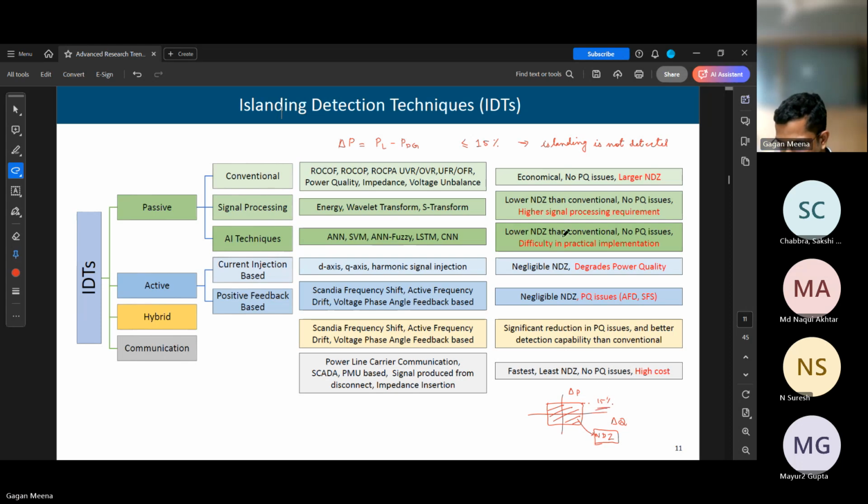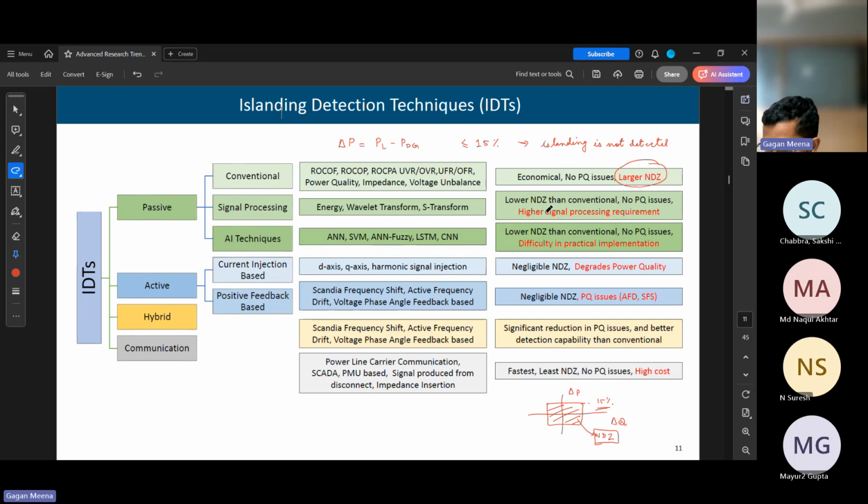For passive islanding detection techniques, this zone is very large, and this is a major disadvantage of these techniques. So this will not work when there is zero power mismatch. But still, it can happen.